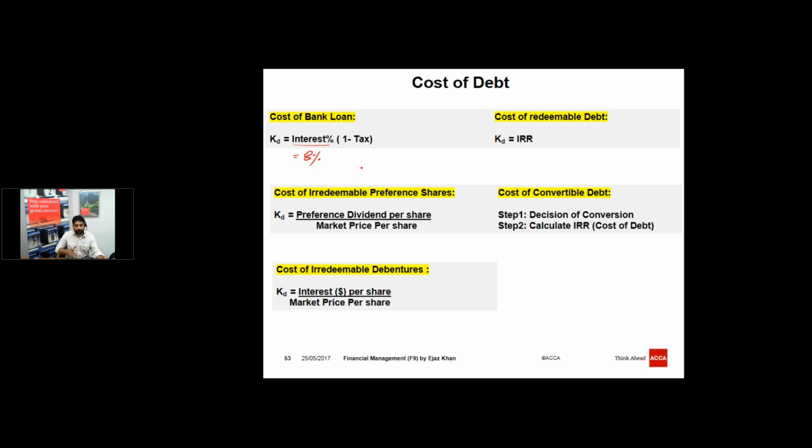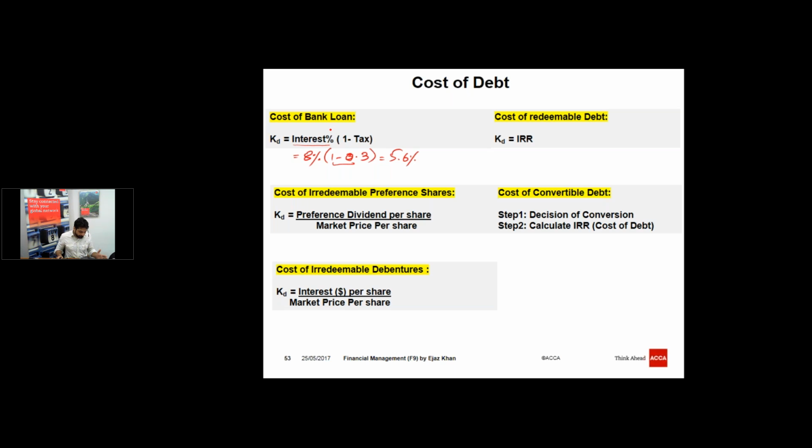So we will always take it net of tax. Let's say the tax rate is 30%. We take 1 minus 0.3, that is 70%, and multiply with 8, we get 5.6%. So our cost of debt of the bank loan will be 5.6%. Yes, Aisha, you're right.